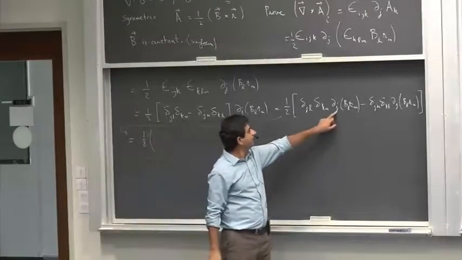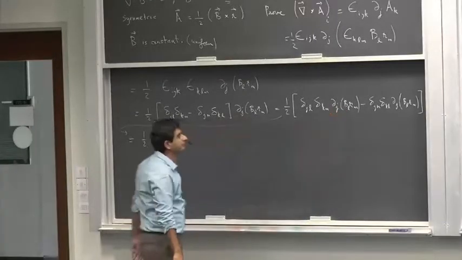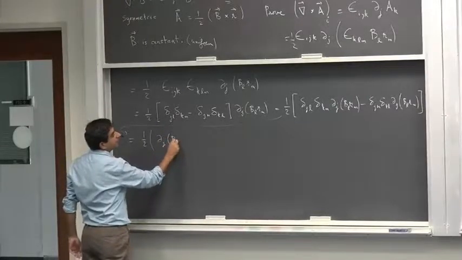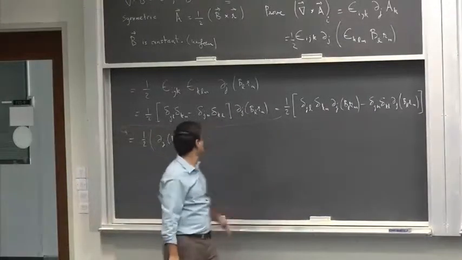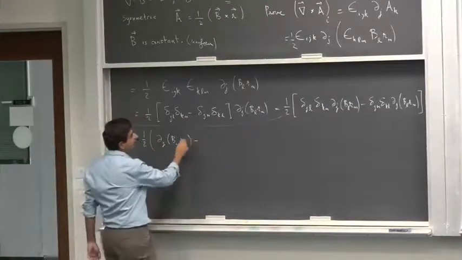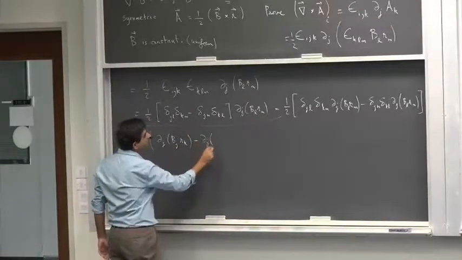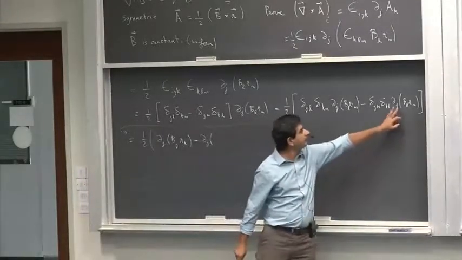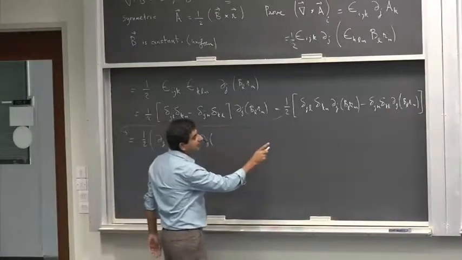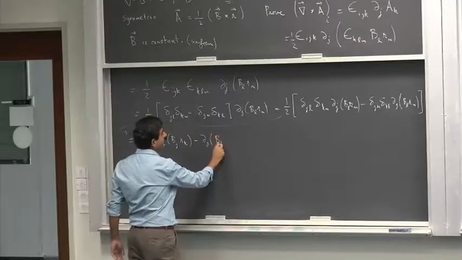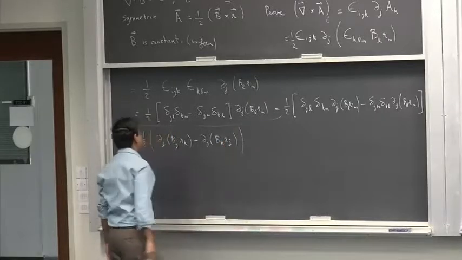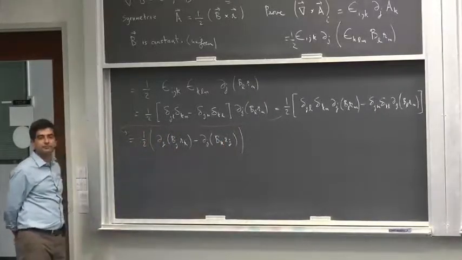Now this L must be equal to J. So partial J of B_J, and M must be equal to K, so R_K, minus partial J. This L must be equal to K, so I have B_K, and M must be equal to J, so I have R_J. Okay?